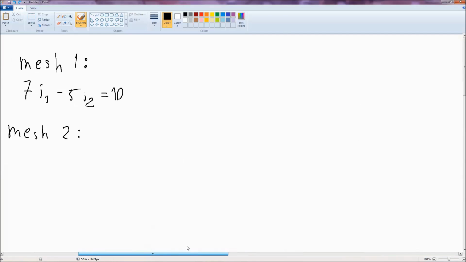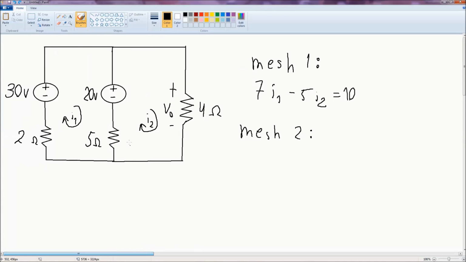But first let's solve this simple one where we have only voltage sources. So we put the equation for mesh 2, and as I've explained, how did we put the voltage here in the previous, in mesh 1.